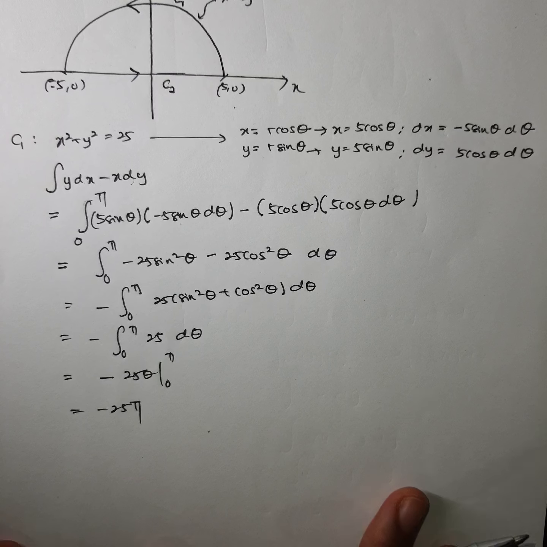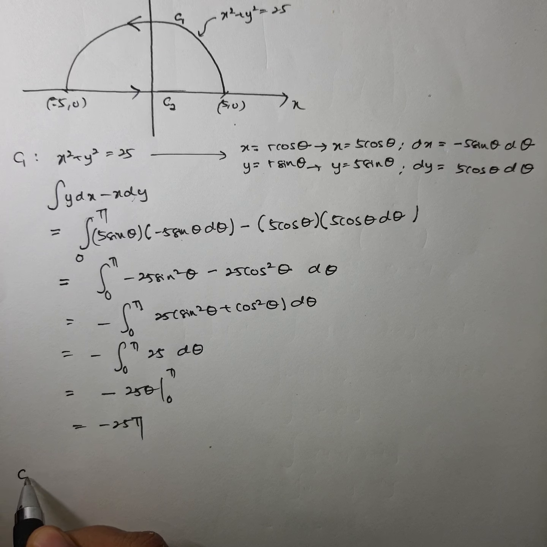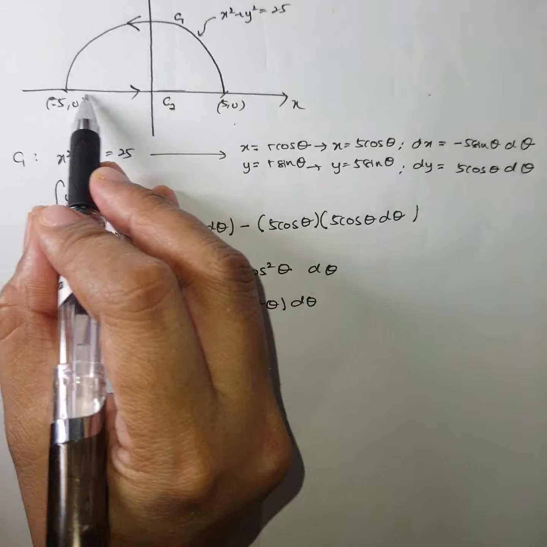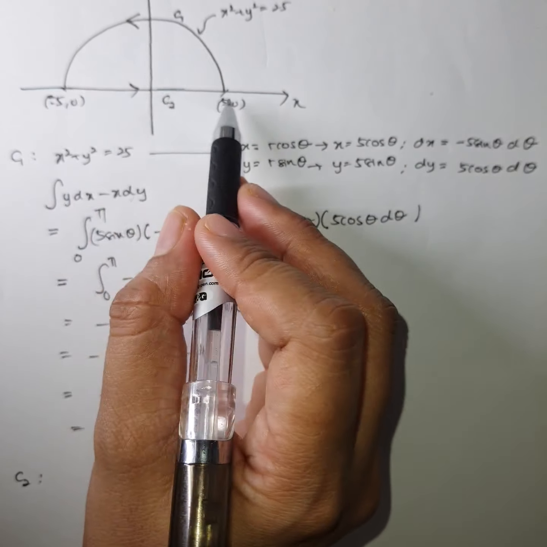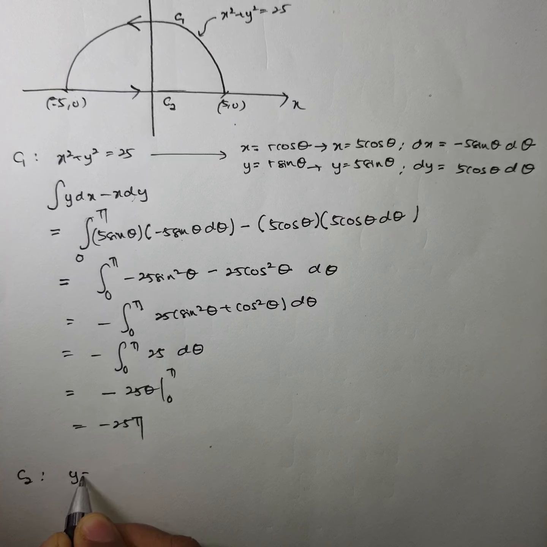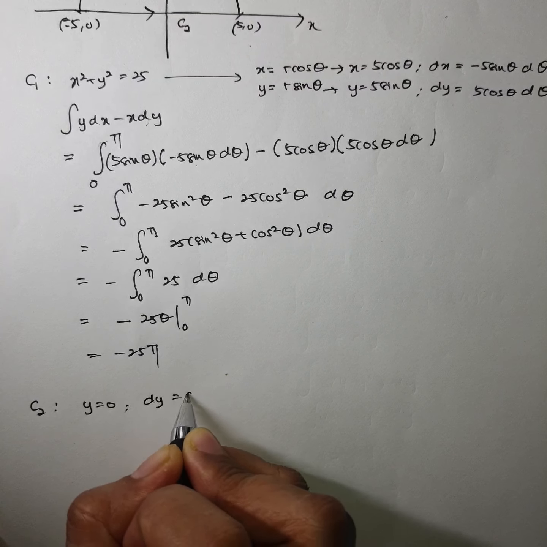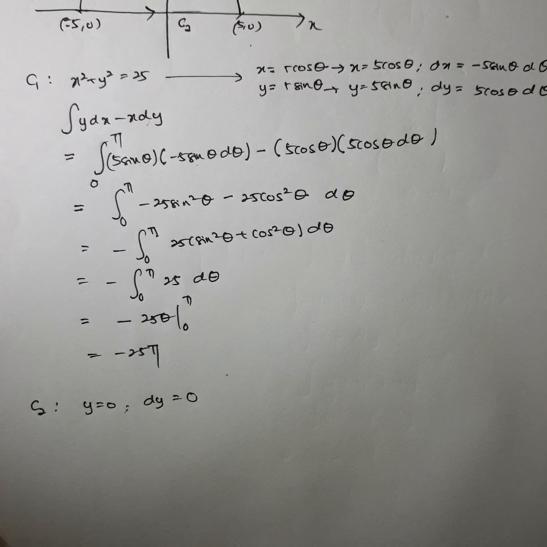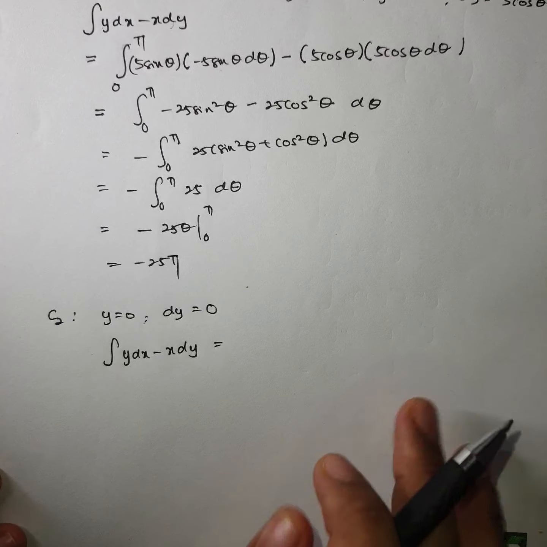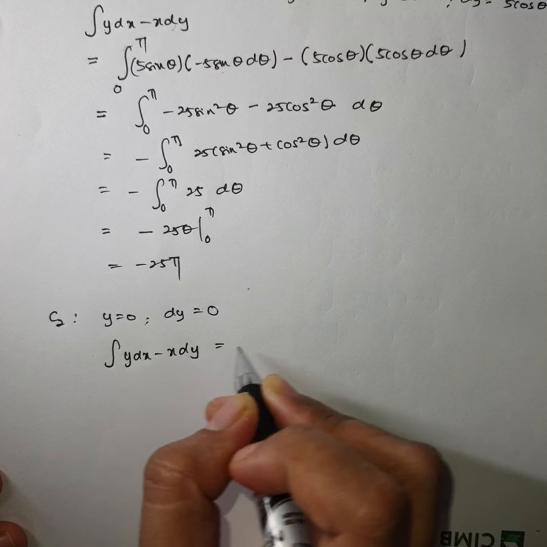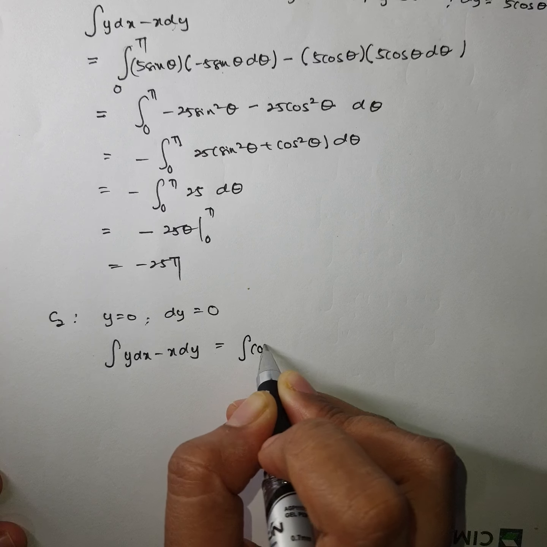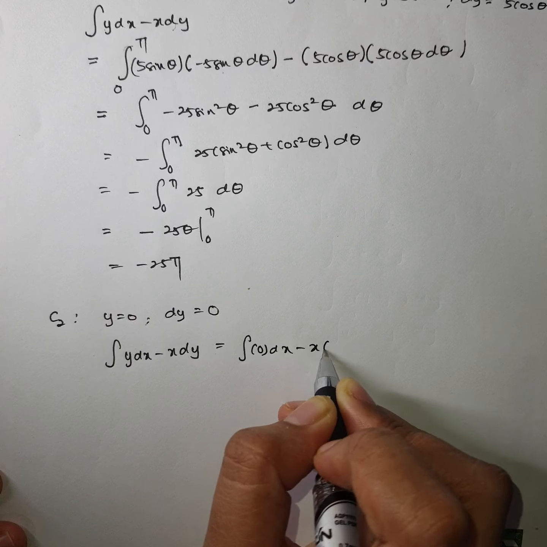Alright, so let's look at C2. C2, our path is the x-axis. The x-axis, you know it is y equals 0. So dy is also equal to 0. Okay, so this is your line integral. y is 0, dy is also 0, so it is zero dx minus x times zero.